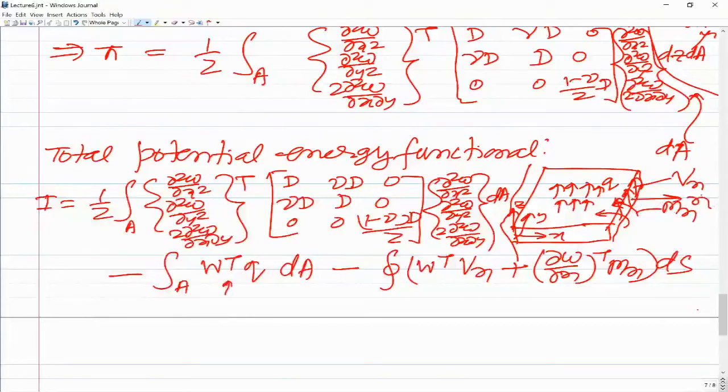So if this is normal, this will be t, the tangent. So Vn is positive along positive z direction on a positive face, and Mn is positive about the negative t axis.